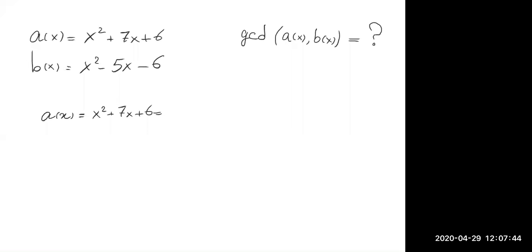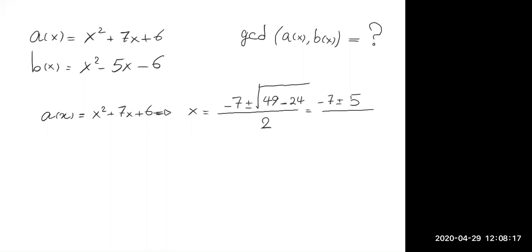Well, one of them is -1. Let's write it completely. The roots of this polynomial are -7 plus minus the square root of 7 squared minus 4 times 1 times 6, over 2, which means -7 plus minus the square root of 25, which is 5, over 2.